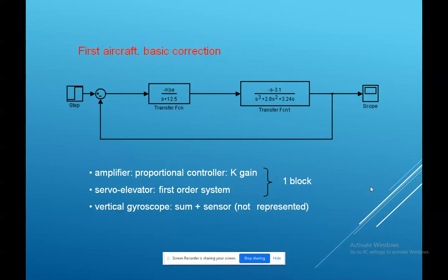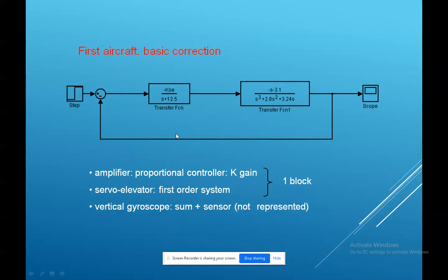By giving feedback through the summer, the transfer function value will be changed. The first block has its own transfer function, that is the gyroscope, then the gyroscope amplifier, and then the servo elevator.